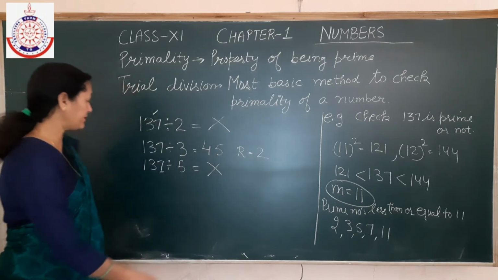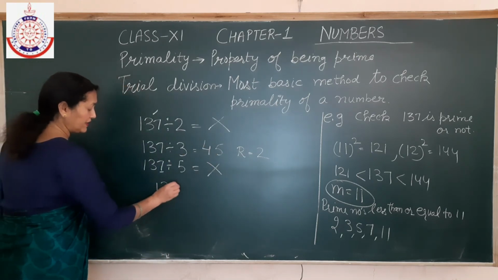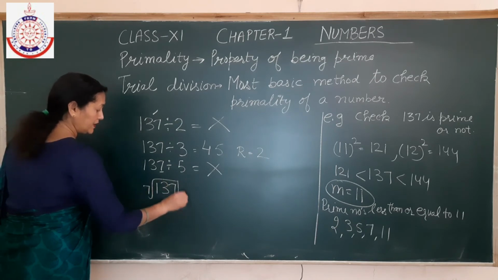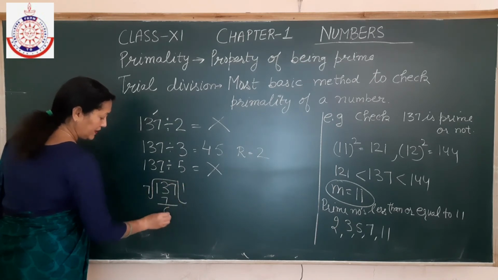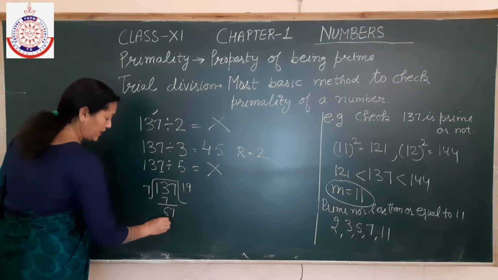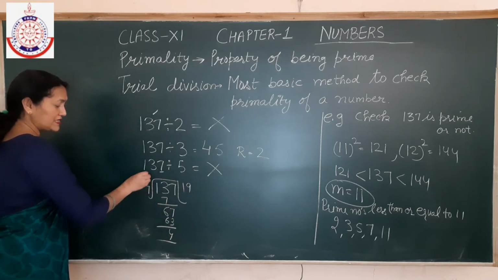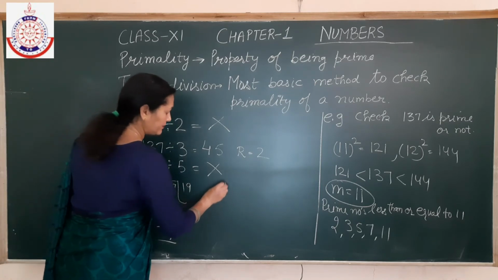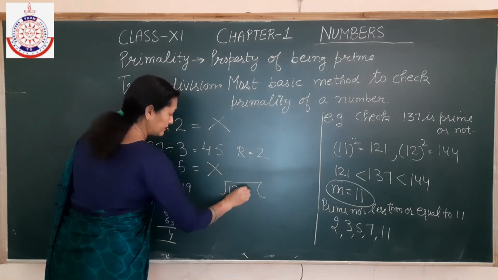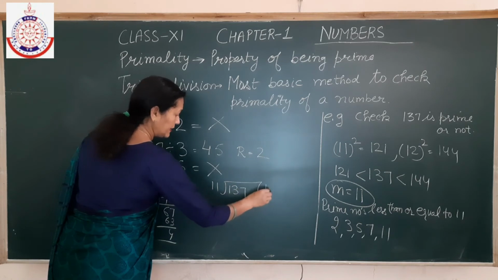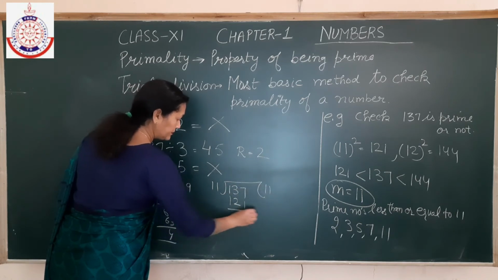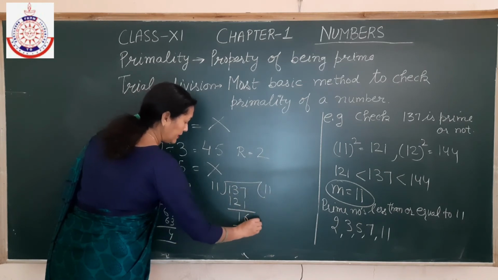Then with 7. If you divide 137 by 7, 7 ones are 7, then 7 nines are 63, 4 is the remainder. So not divisible by 7. Then with 11, 11 elevens are 121. We are left with a remainder.